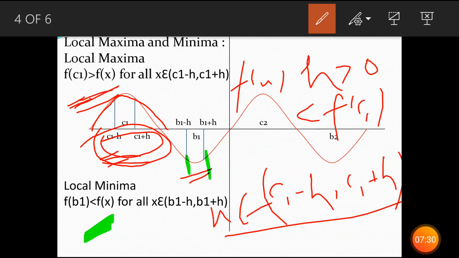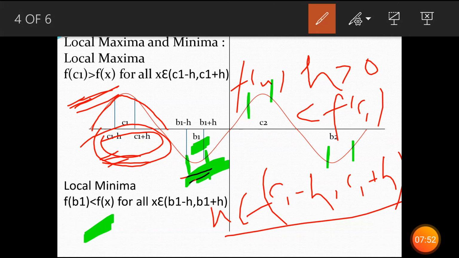It means f(b1) is the smallest value of the function in this interval. Then it is called the local minima. This point is called the local minima point and this value is the local minimum value. So there can be many local maxima and local minima.